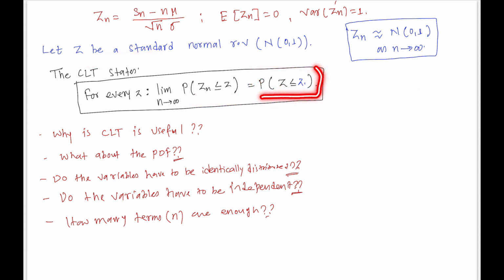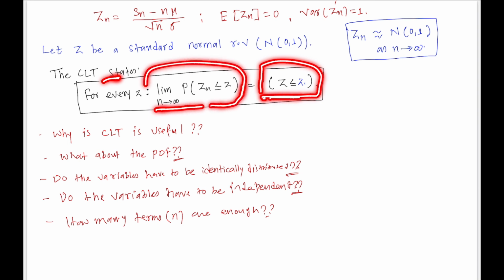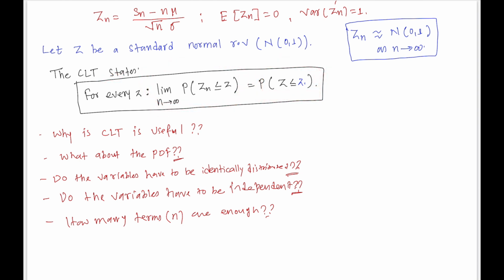And once you have the answer to this probability, the central limit theorem says that for large n this will be the same as this probability, right? So ultimately, in order to answer such kinds of questions, you will not have to convolve and get the distribution and then find the probability.